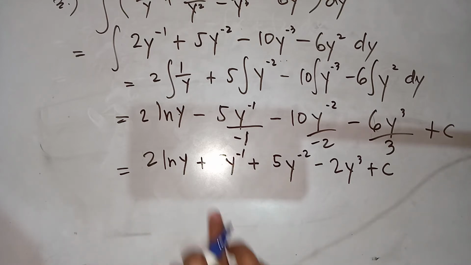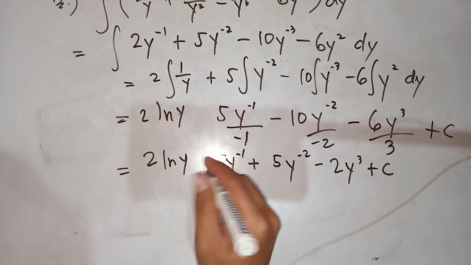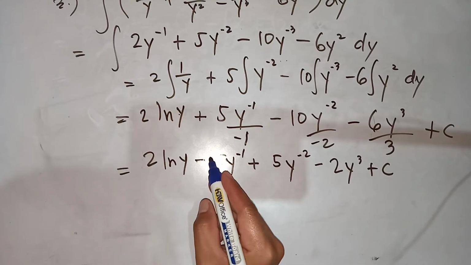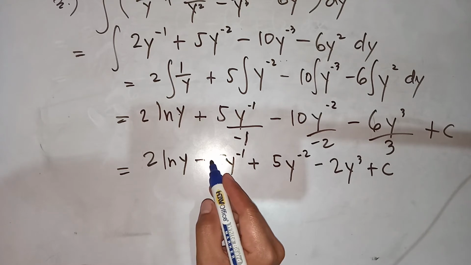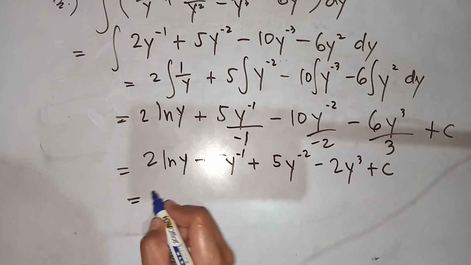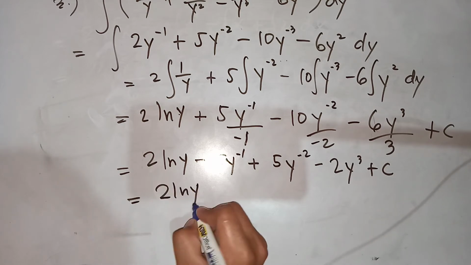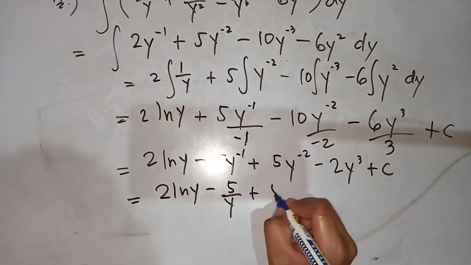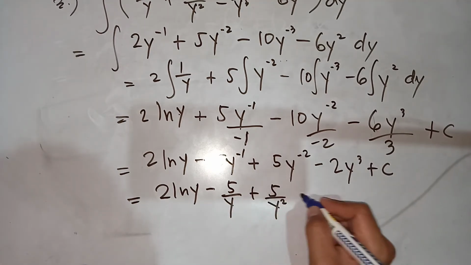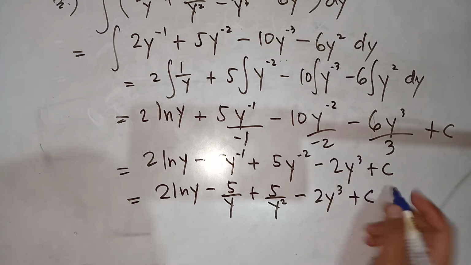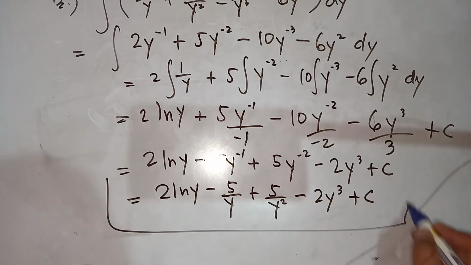Oh wait, this is positive, so this will be negative. So we could write this as 2 natural log of y minus 5 over y plus 5 over y squared minus 2y cubed plus c. And this is our answer.